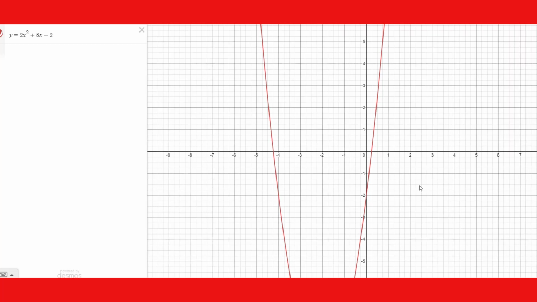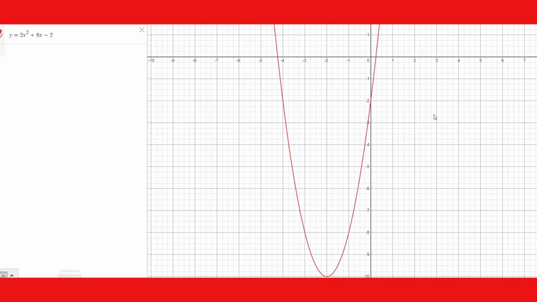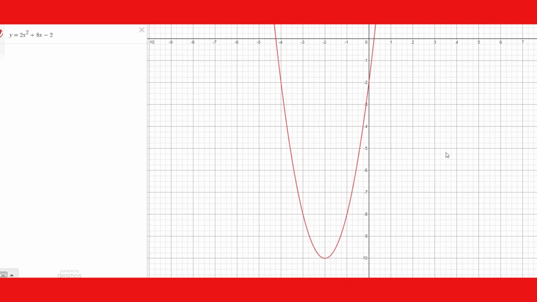Okay, so we've got a parabola here, and we're going to look to see what our important values are: the vertex, the axis of symmetry, and the maximum and minimum values. Over here we have a vertex sitting at -2, -10.